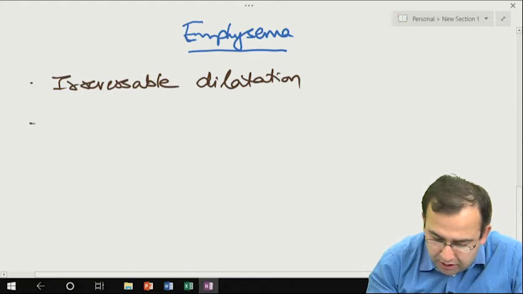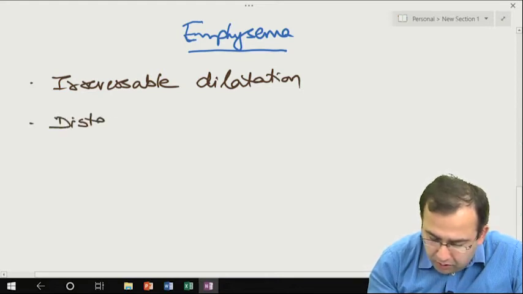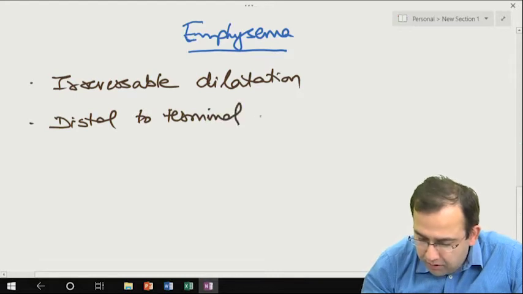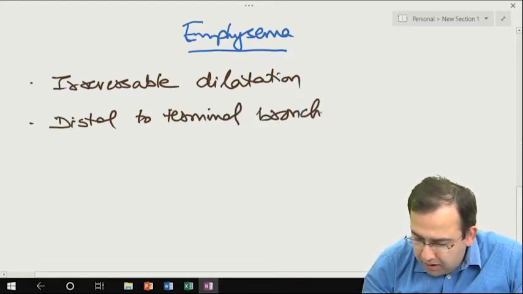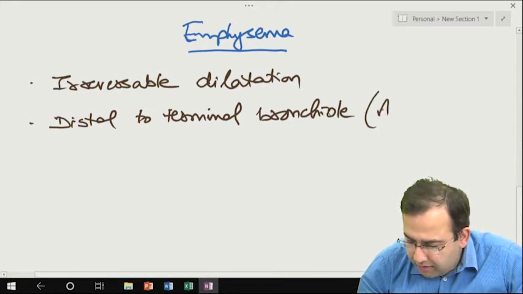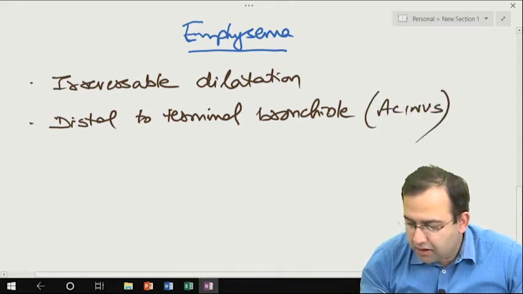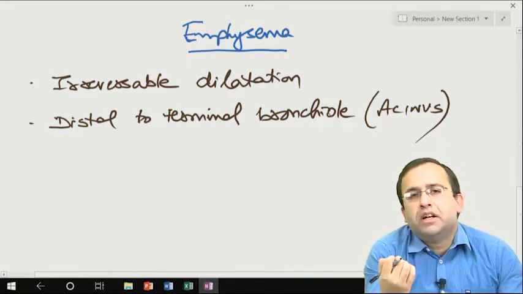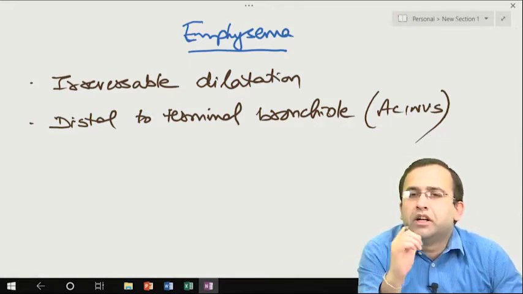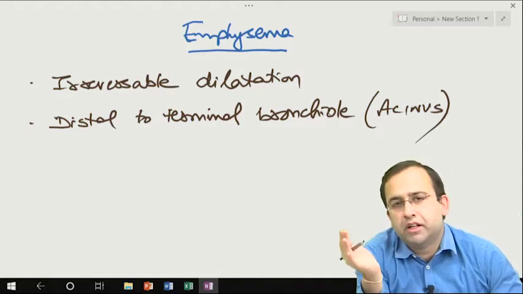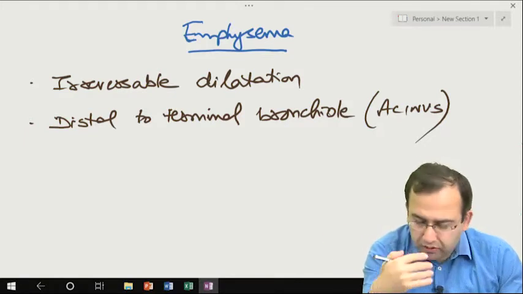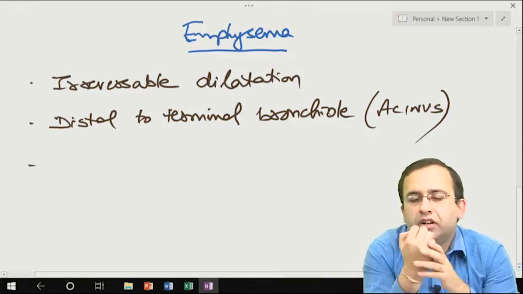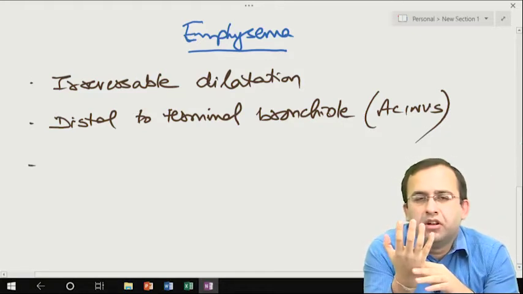Distal to terminal bronchiole is an acinus. So irreversible dilatation distal to terminal bronchiole, that is of the respiratory bronchiole, alveolar duct and alveolar sac. That is emphysema.